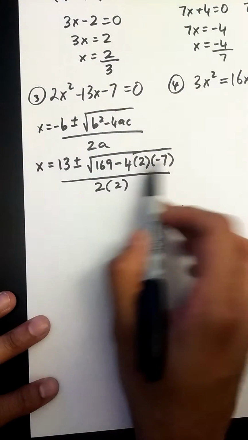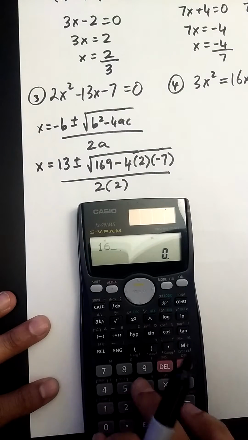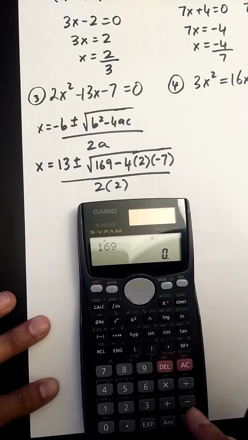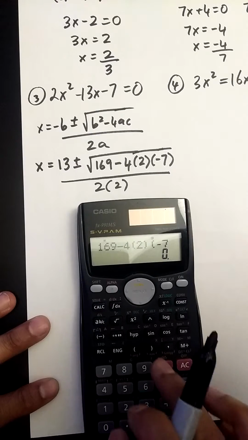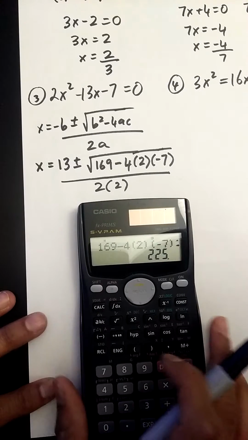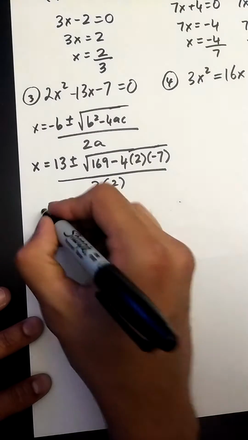Next thing I'm going to do is put this inside part here into my calculator. So 169 minus 4 times 2 times negative 7, which is 225. And I'm also going to split the equation into 2 solutions.